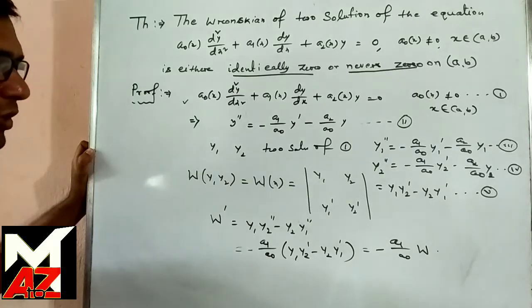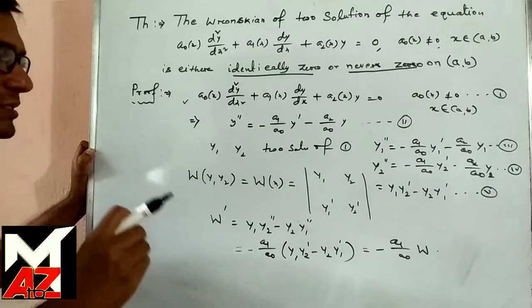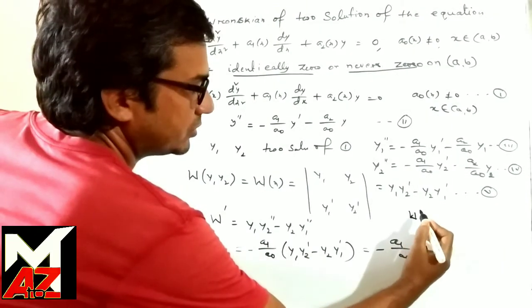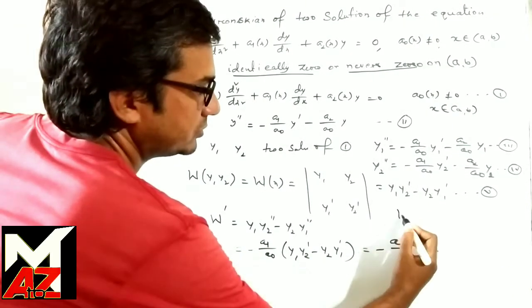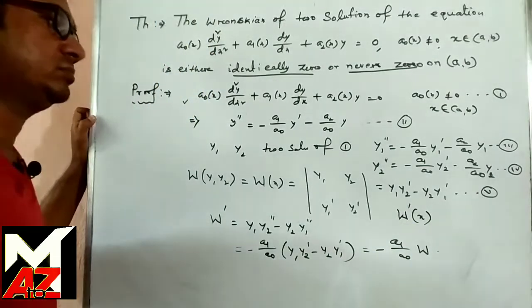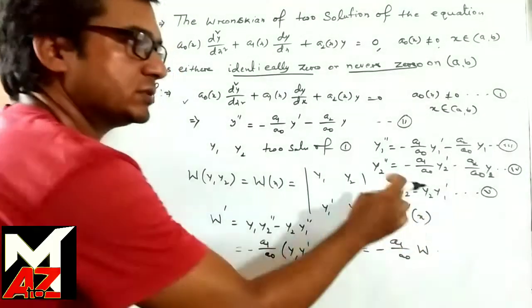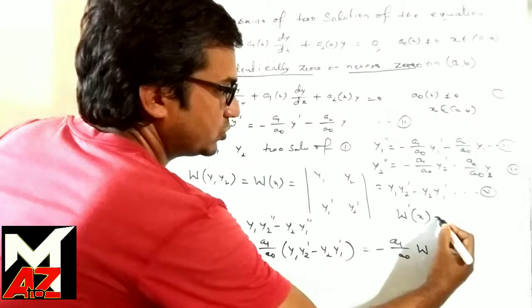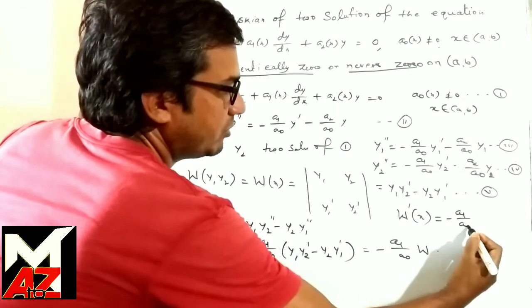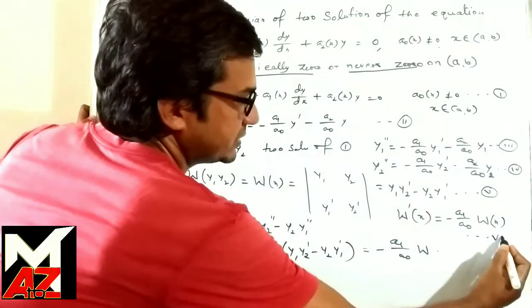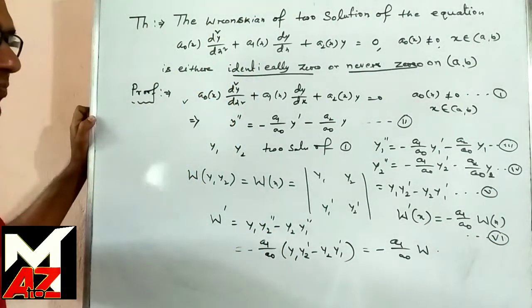So we at last reach the position that the derivative of the Wronskian of x is equal to minus a1 by a0 into the Wronskian of x, and this is 6.